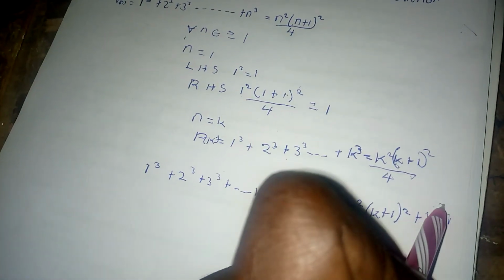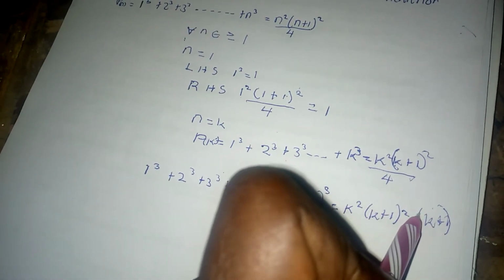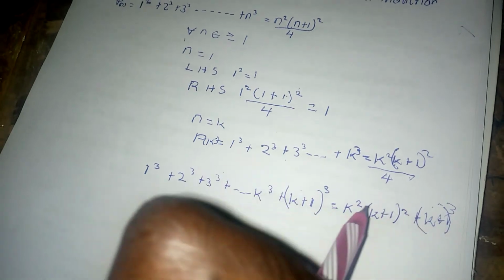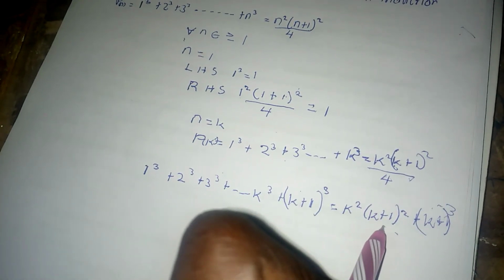Then, this our (k plus 1) is cubed. This one you divide by 4.